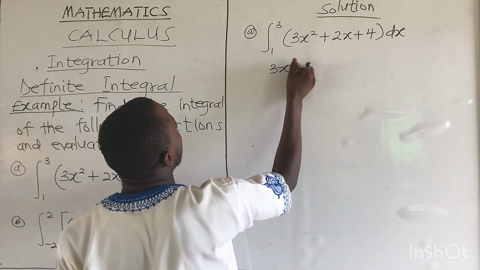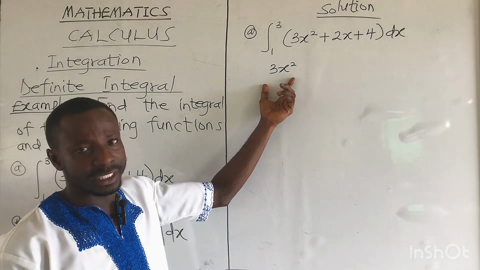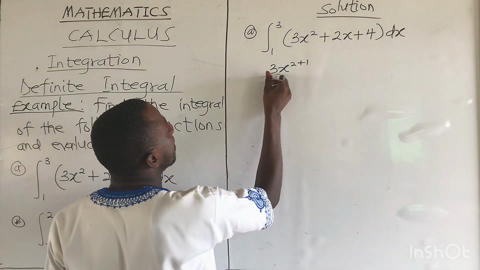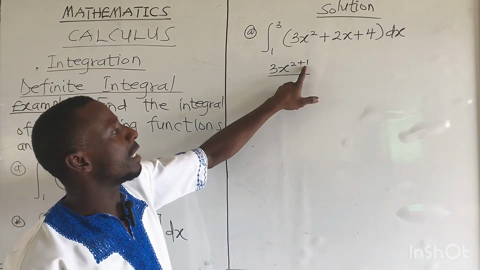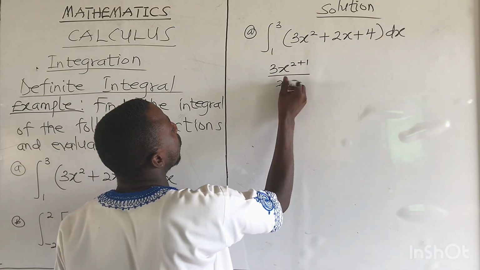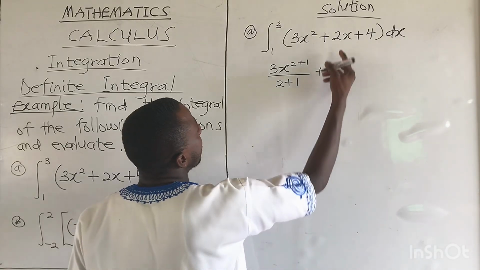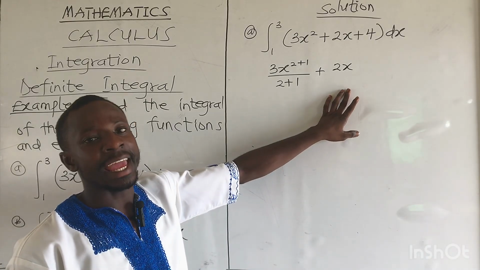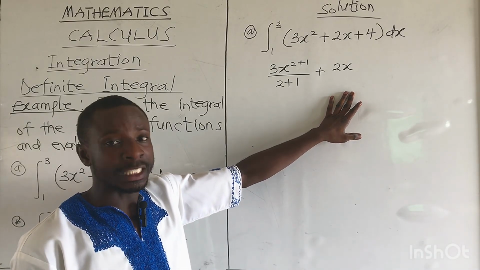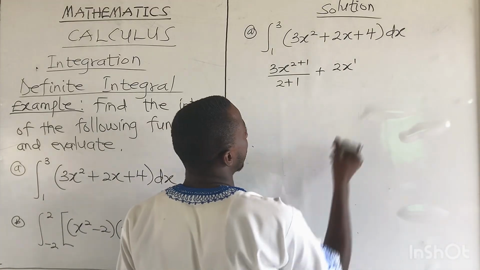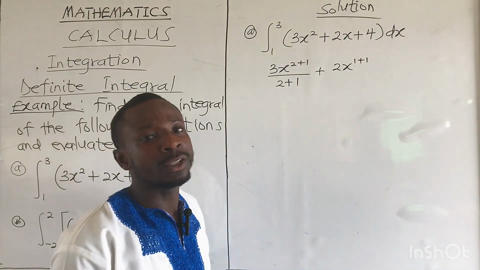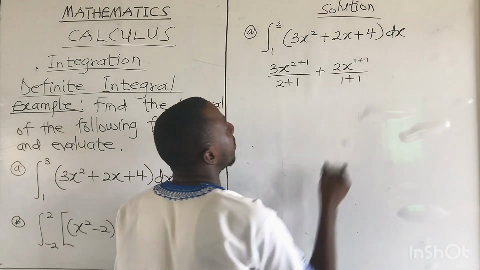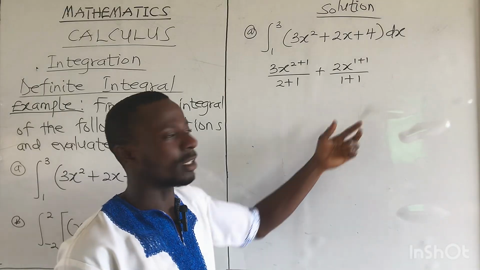So we have 3x squared. When we are integrating, we just add 1 to the exponent, divided by the same new exponent, which is 2 plus 1. Plus 2x: the x already has an exponent of 1, so we add 1 to the exponent, divided by 1 plus 1.